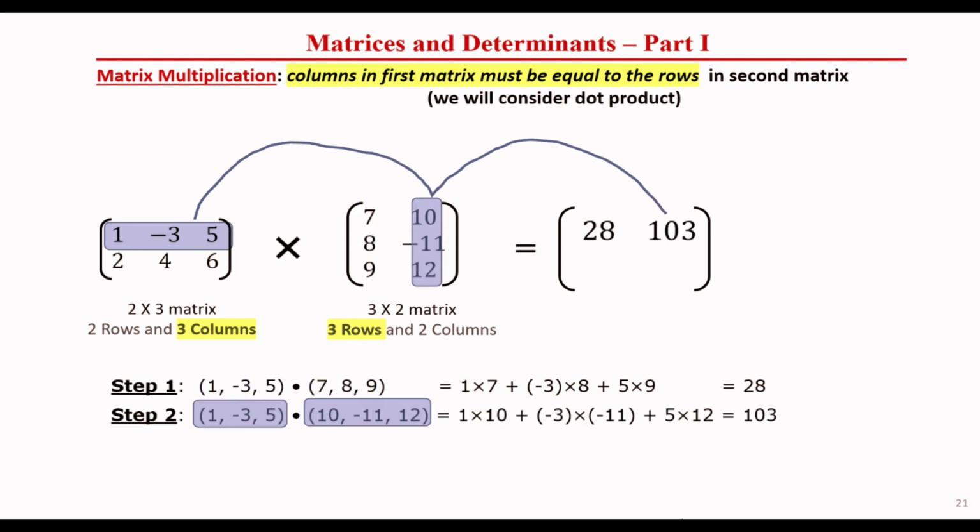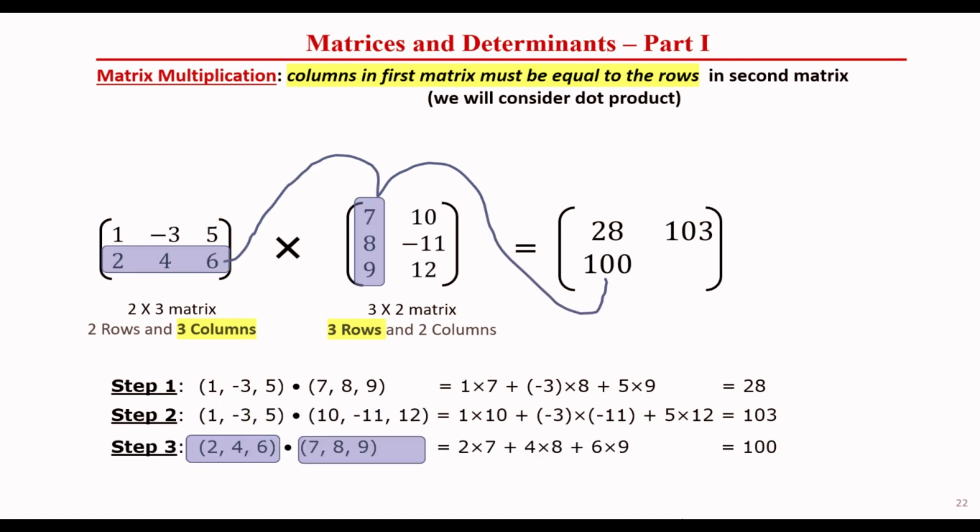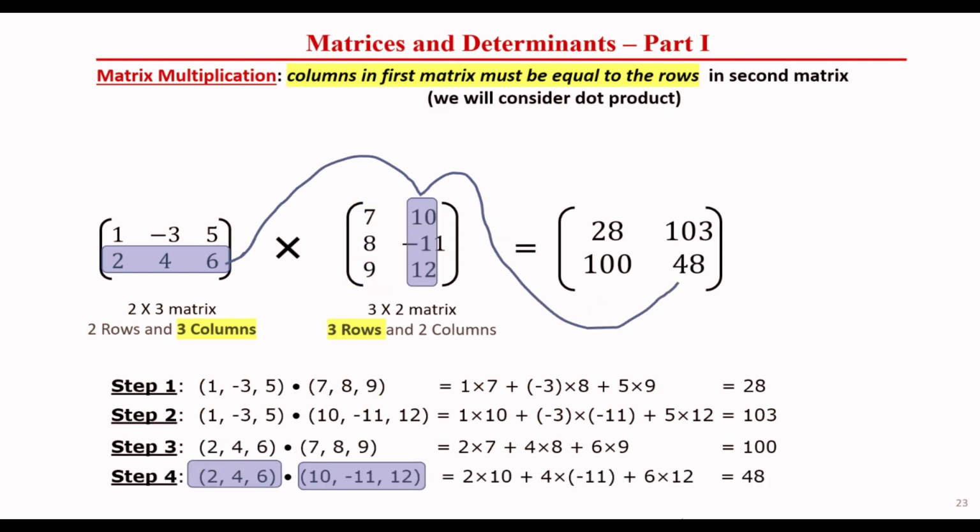Similarly, we multiply the first row from the first matrix with the second column of the second matrix, and the result is 103. As the next step, we multiply the second row of the first matrix with the first column of the second matrix, and so on and so forth. And the result is a 2 by 2 matrix shown here.